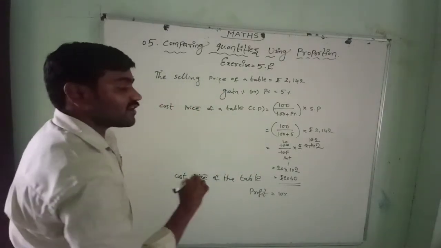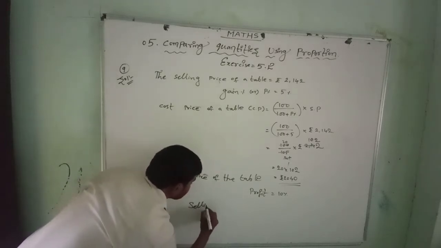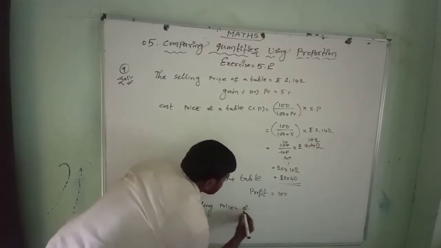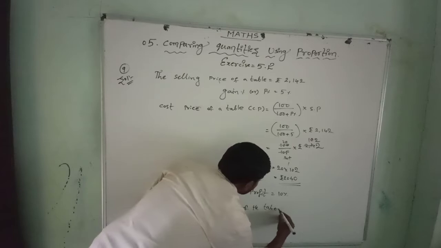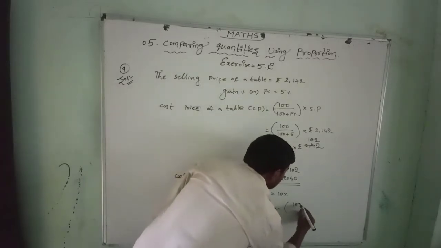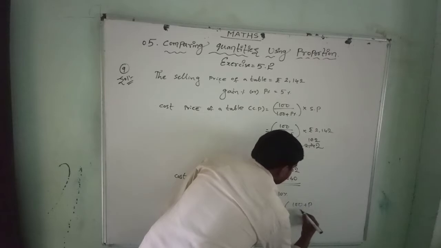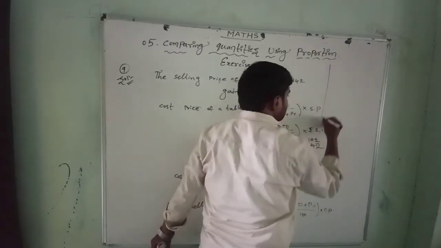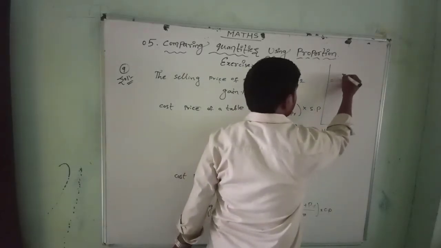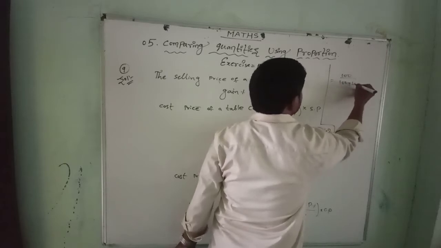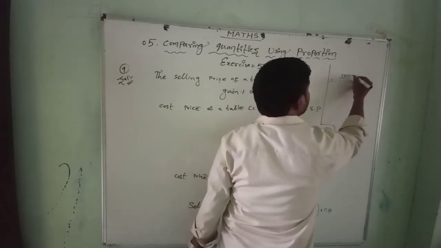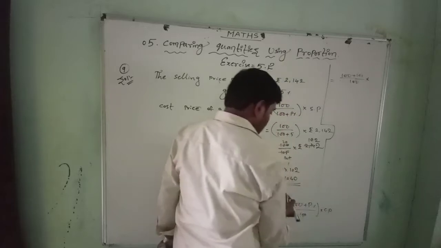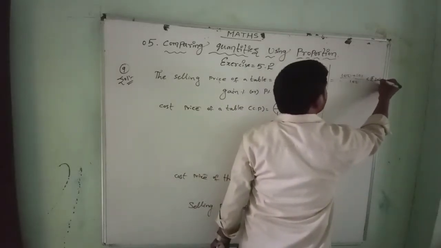Let us find out at what price they have to sell it. Therefore, the selling price of the table equals the selling price formula: 100 plus profit percentage by 100 into cost price. 100 plus 10 by 100 into the cost price, which is 2040.